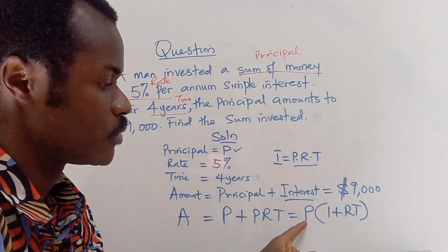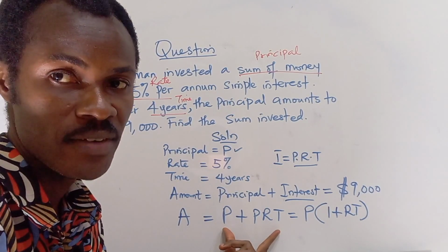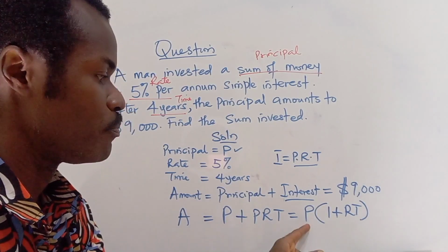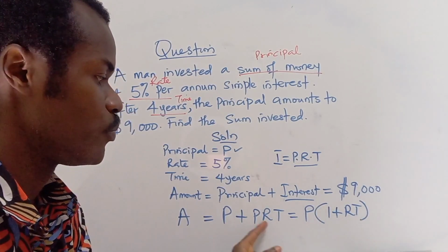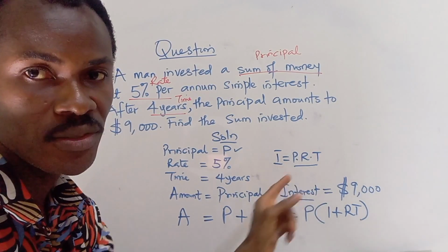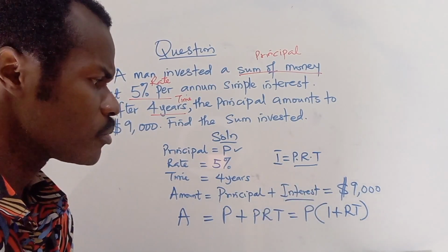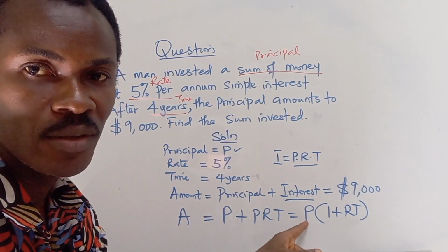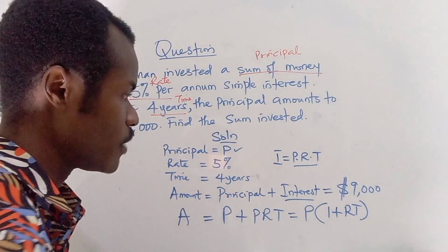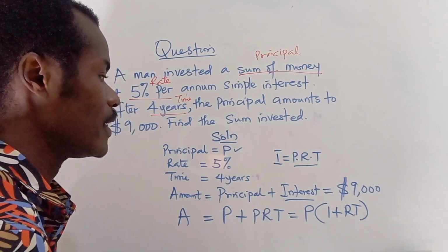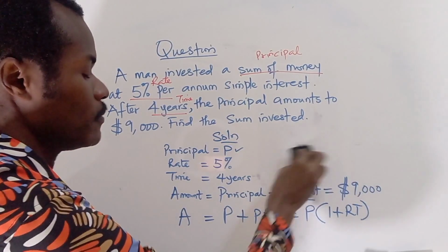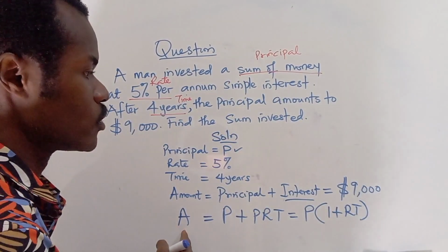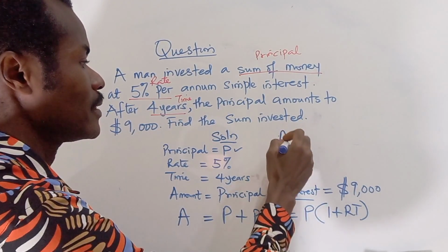If you also open this bracket, you arrive at the same thing, because P times 1 is P and P times RT is PRT, which is our interest. So all we need to do is make P the subject of the formula. We have the amount, which is $9,000.